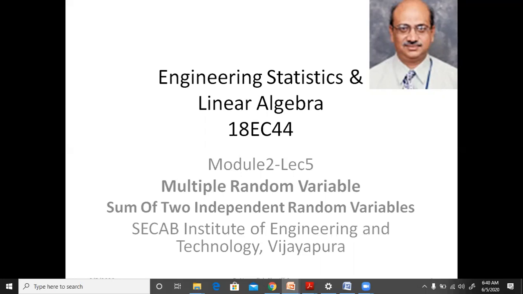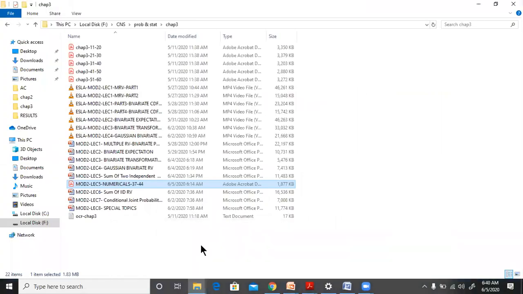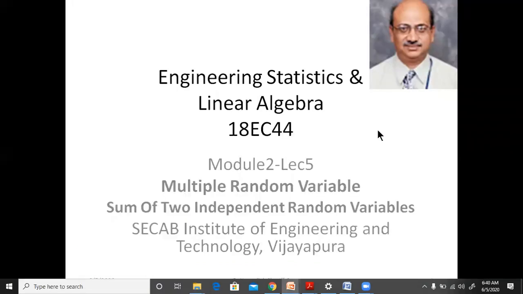Then Lecture 3 corresponded to bivariate transformations, and Lecture 4 was on the Gaussian bivariate random variable. So now in Module 2, Lecture 5 corresponds to the sum of two independent variables.